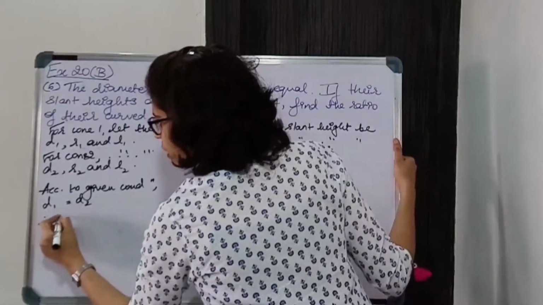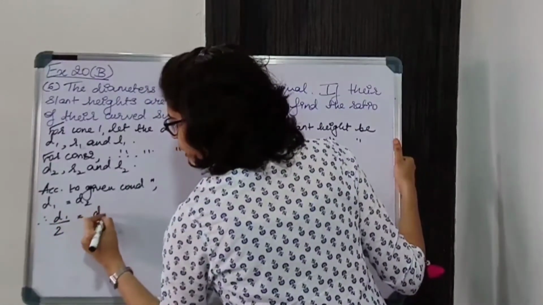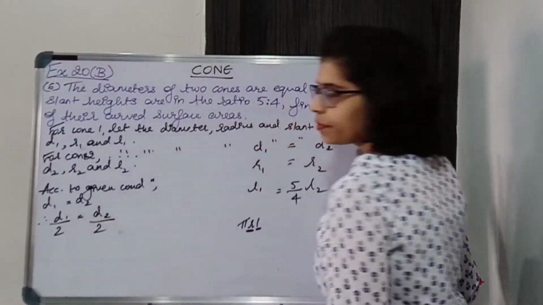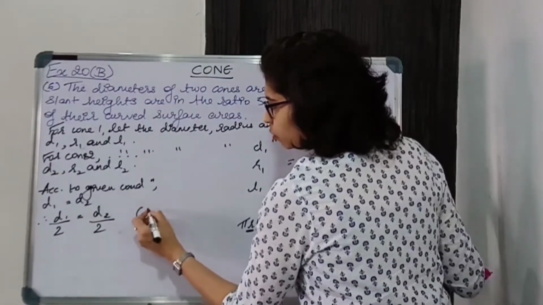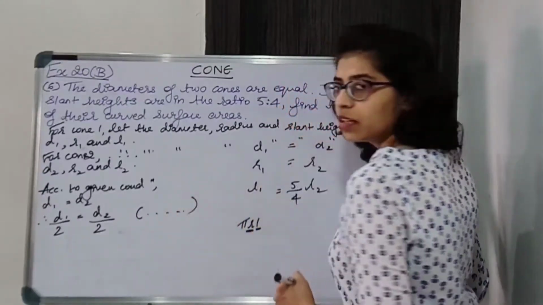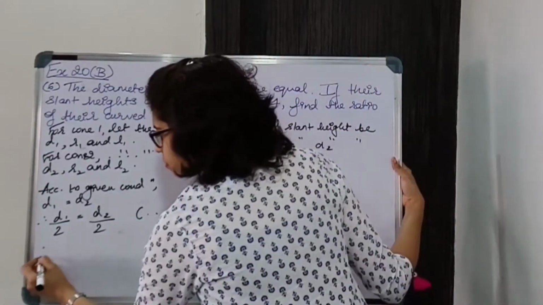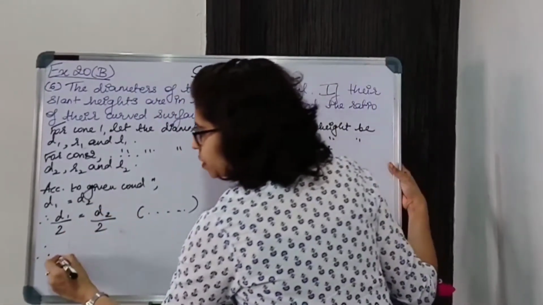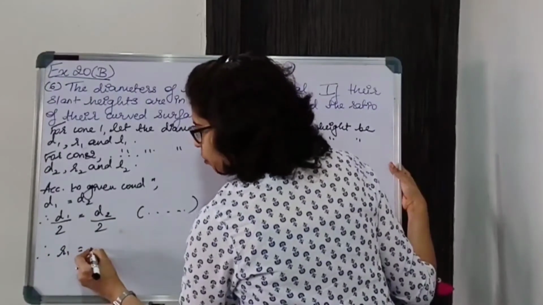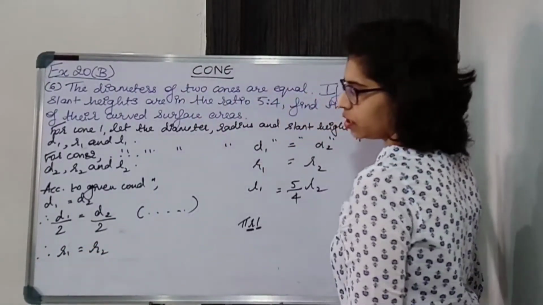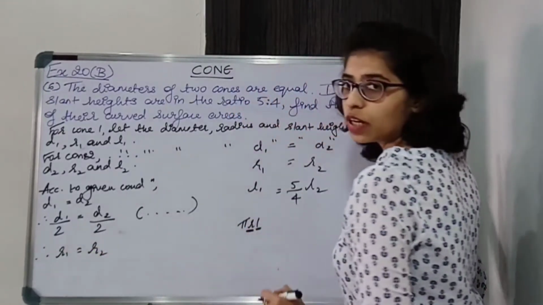So therefore D1 upon 2 is equal to D2 upon 2. Okay. Dividing by 2 on both the sides, you have to write down the reason. D1 upon 2 is nothing but R1 and D2 upon 2 is nothing but R2. So we got R1 equal to R2.